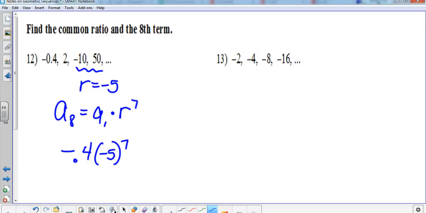Should it be positive or negative, guys? A negative number to the 7th is going to be negative times another negative will be positive, right? Oh, I switched the 5 and the 7.